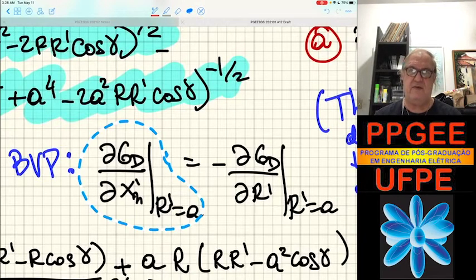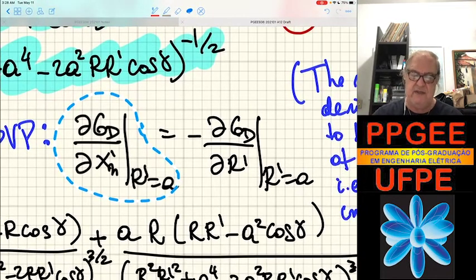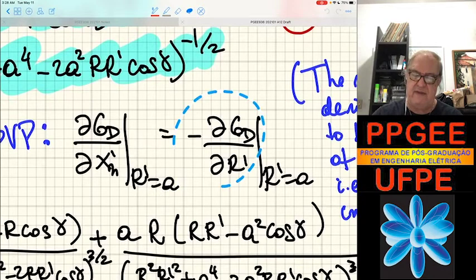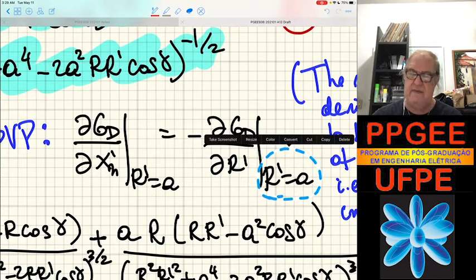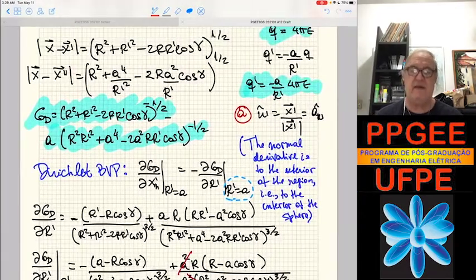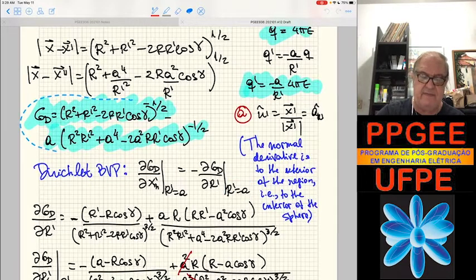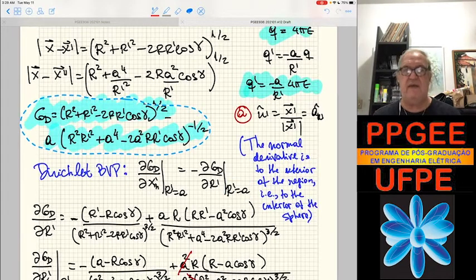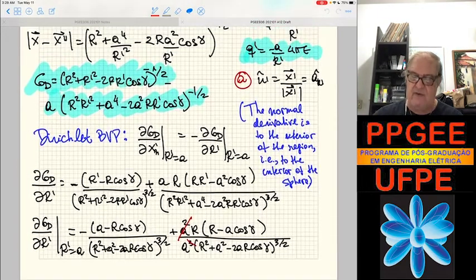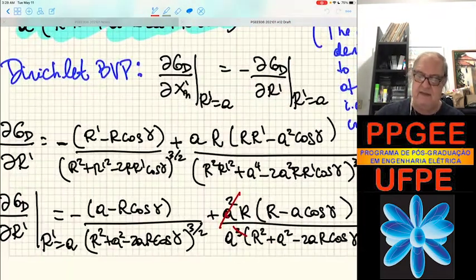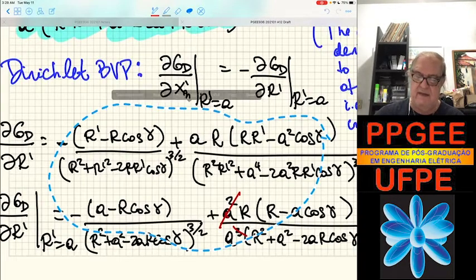So outwards the domain is inward to the inner part of the sphere, right? So it's going to be minus dG/dr prime at r prime equals a. So the other task is to calculate this derivative given this function of r prime. And after we calculate the derivative, we set r prime equals a. Then we have this messy calculation here, right? All this thing here. You do that.